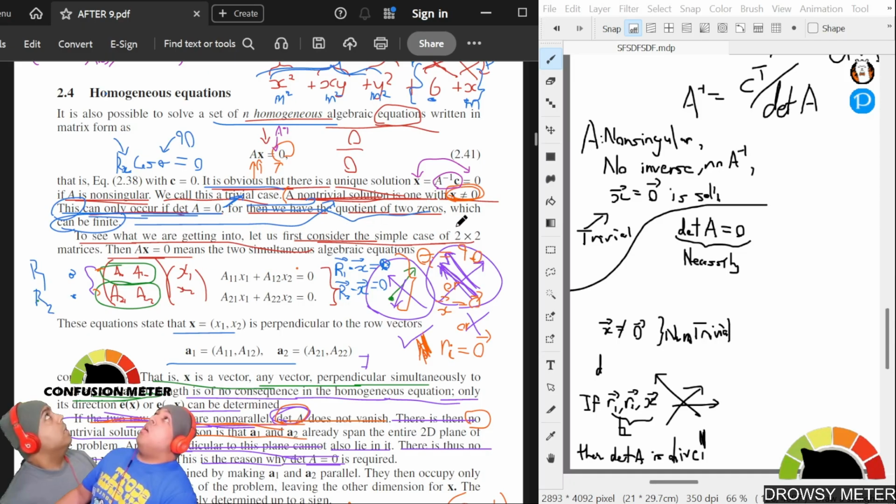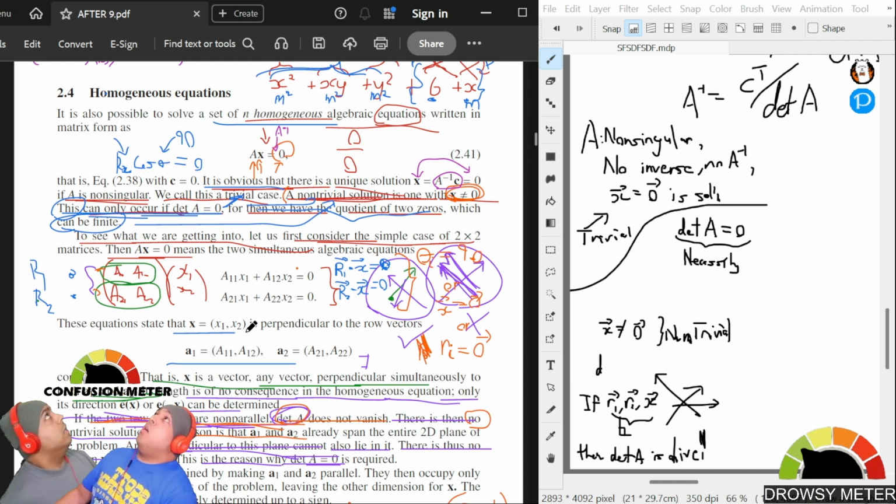Let's first consider the simple case of 2 by 2 matrices. Ax equals 0 means two simultaneous equations. These equations state that x is perpendicular to the row vectors a11, a12 contained in A. That is, x is any vector perpendicular simultaneously to both a1 and a2.